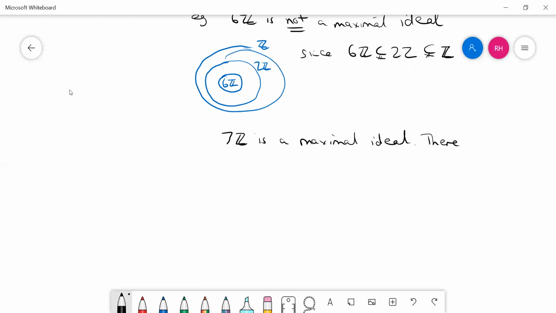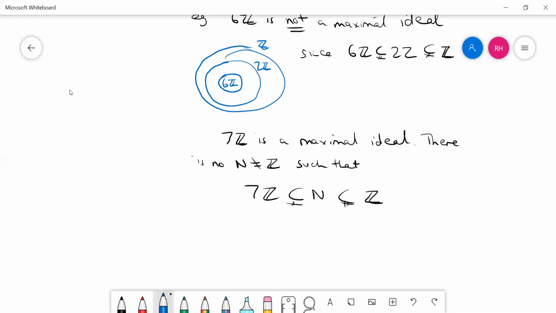There is no N not equal to Z such that 7Z is a subset but not equal to N, which is a subset but not equal to Z. Or in the language of the Venn diagrams, if we have 7Z here, and here we have Z, there's nothing you can draw in between.